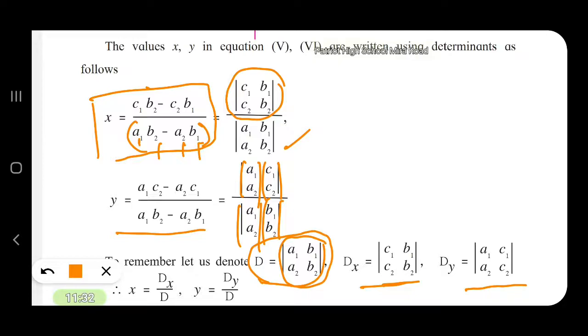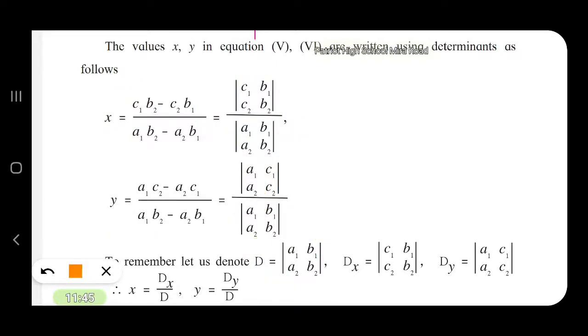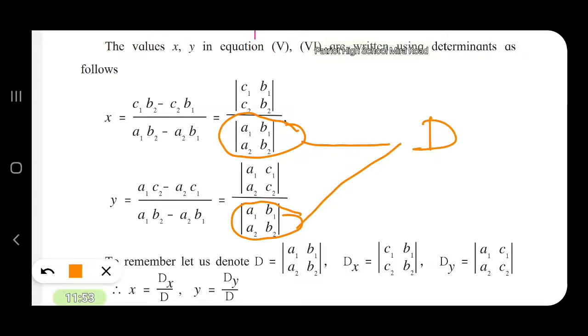Whatever comes in the denominator, we denote it as D, because both the denominators are the same.